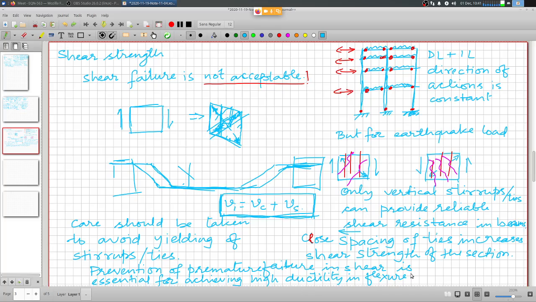Now, what do we mean by ductility? We have been talking about this term quite a lot. Ductility is a useful trait, but what do we mean by ductility?